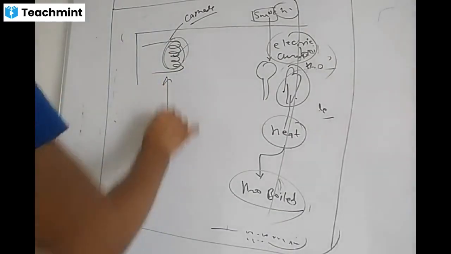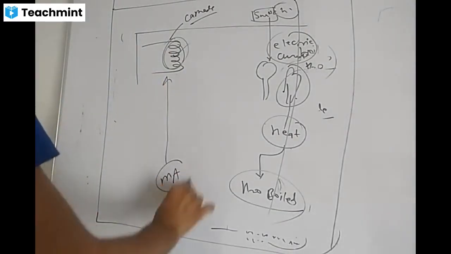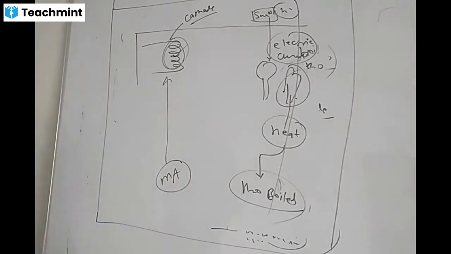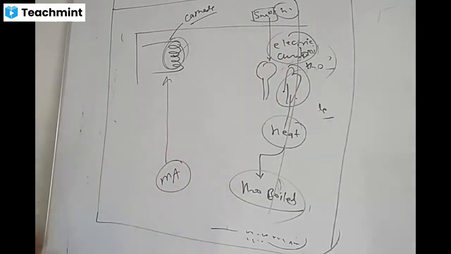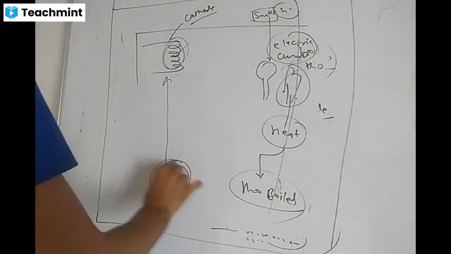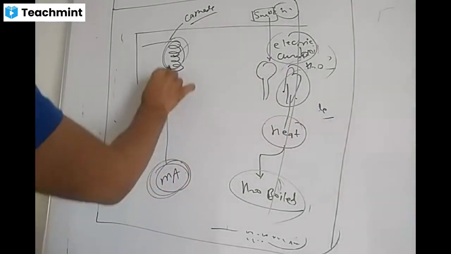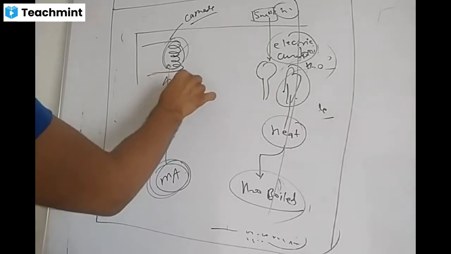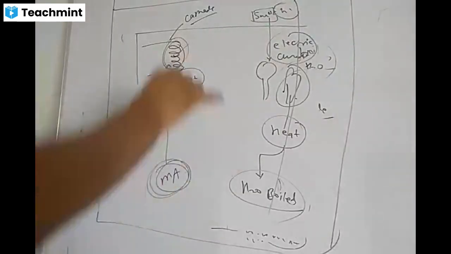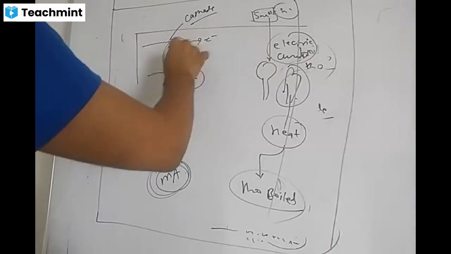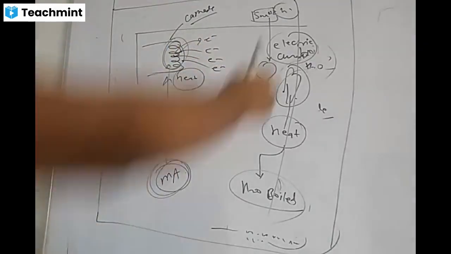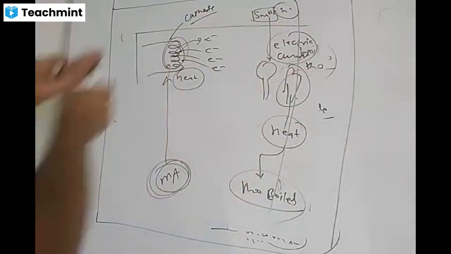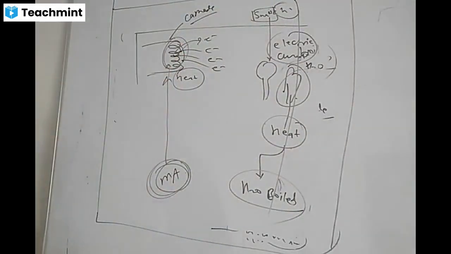From outside, what we are giving is mA. Ampere is the SI unit of current, and milli means the current is small in amount. So we are giving milliampere. We heat this filament. Because of the heating, what comes out? Electron. So the same mechanism also occurs in this cathode filament.